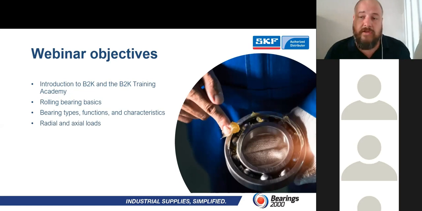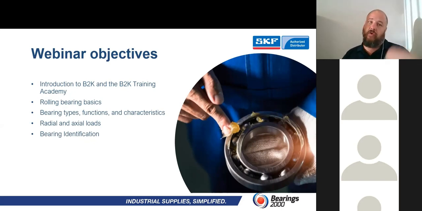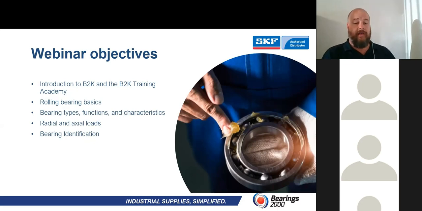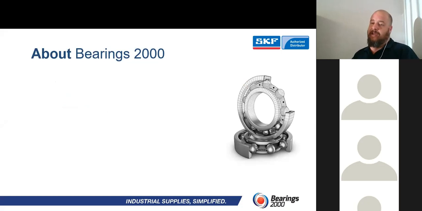Looking at loads and why we've got the various bearings and the loads that they need to accommodate. Bearing identification in terms of how to identify as you take the unit out of a machine if you are an end user, or where to go and look for bearing if you are OEM. And then, of course, we also need to discuss the bearing life.